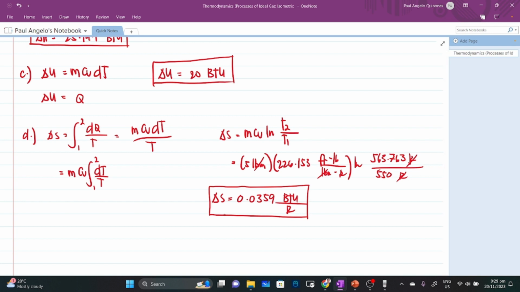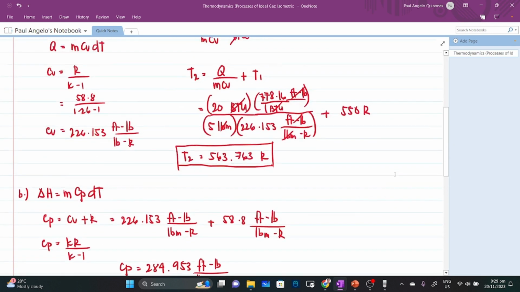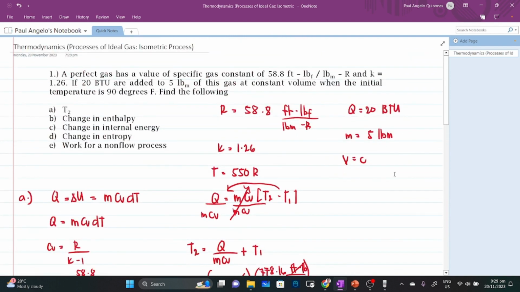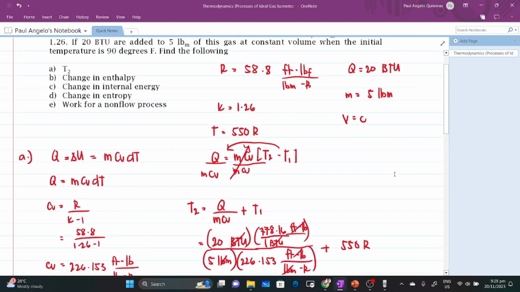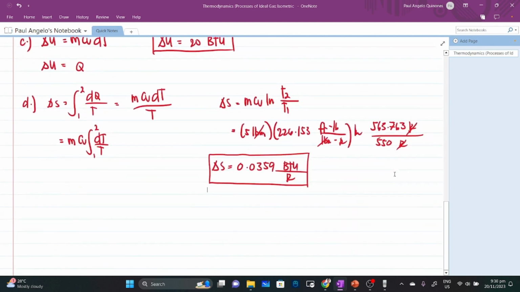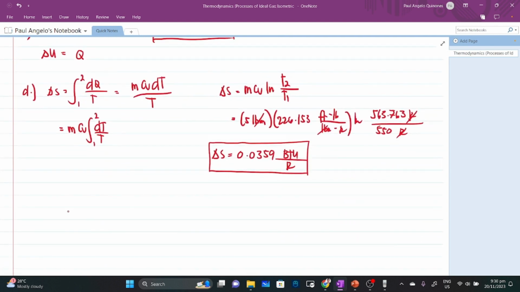Next, the parameter being asked of us is the work during the non-flow process. Letter E, the work during the non-flow process, is simply the integral of PdV.